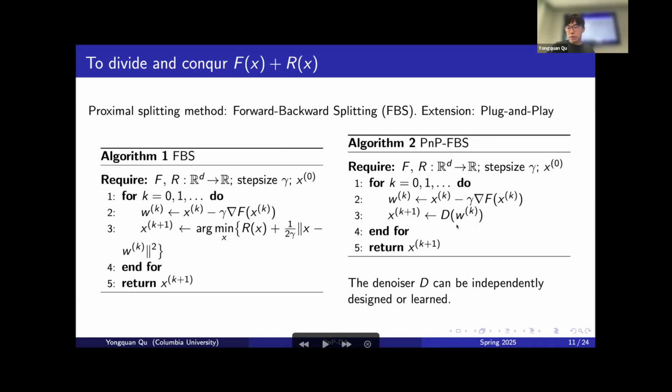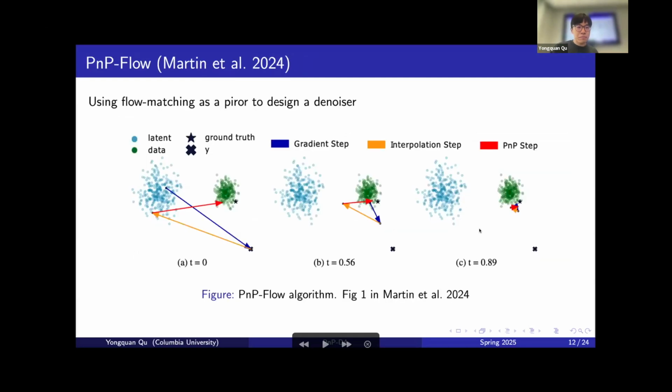People use deterministic machine learning to do this denoising, and recently people have been extending this to generative model-based denoisers. Recent works include diffusion-based and flow matching-based denoisers. Here we prefer flow matching-based denoisers due to the theoretical elegance of flow matching compared to diffusion.